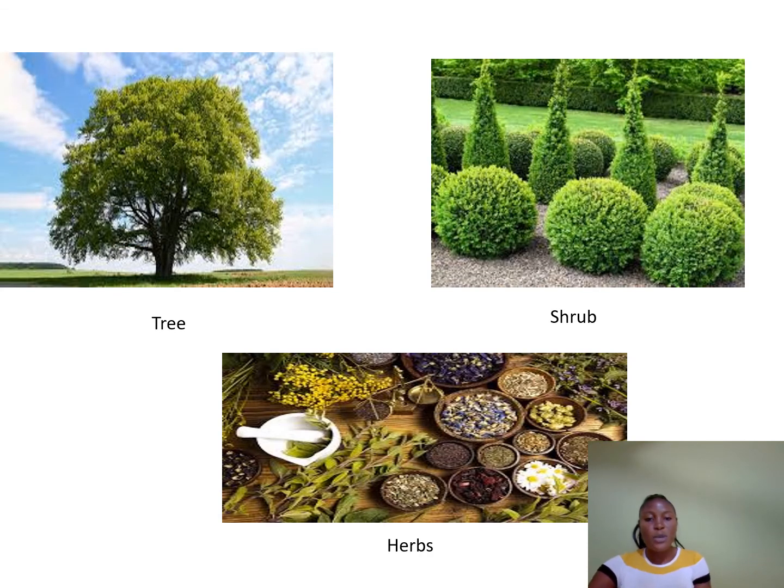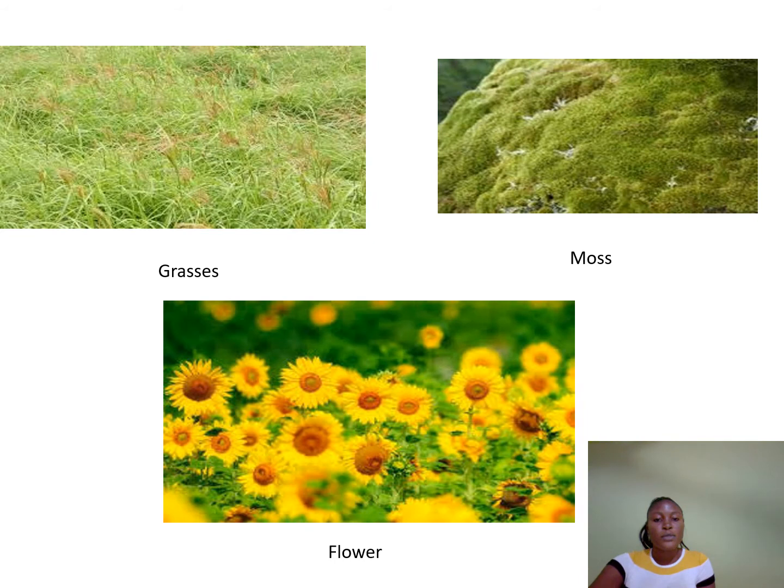So you can see we have the tree, the shrub, the herbs, grasses, the moss, and then the flower. I hope you can see how colorful and beautiful they look. Good, now let's carry on.